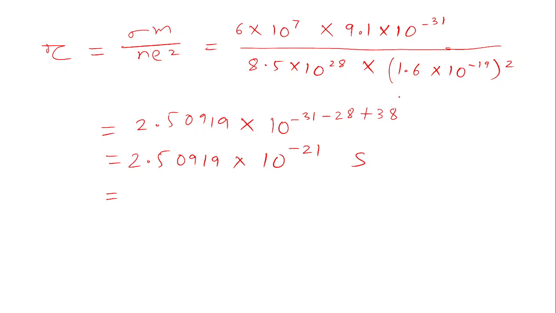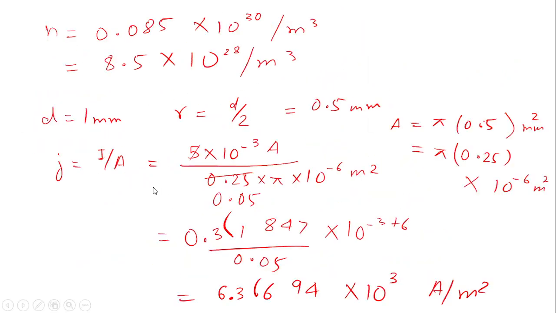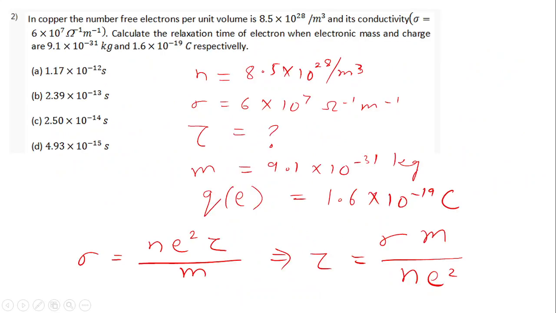I missed this, I'm very sorry. Plus 7. So this will be 2.50919, and 7 minus 21 will be 10 to the power minus 14 seconds. So this will be the correct answer. C is the correct answer.